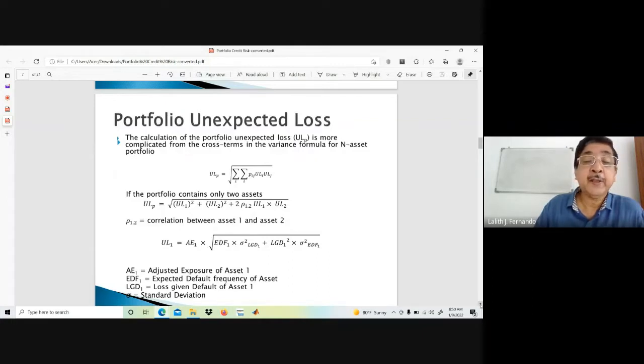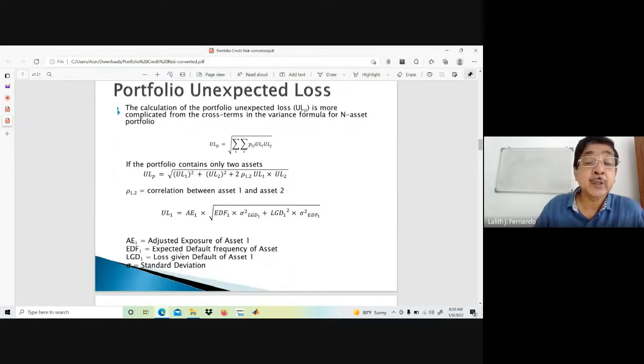Now, as we just discussed, this is the important formula for an individual loan's unexpected loss, UL1. The formula is given as AE1 into the square root of EDF1 into sigma squared of LGD1 plus LGD1 squared into sigma squared of EDF.